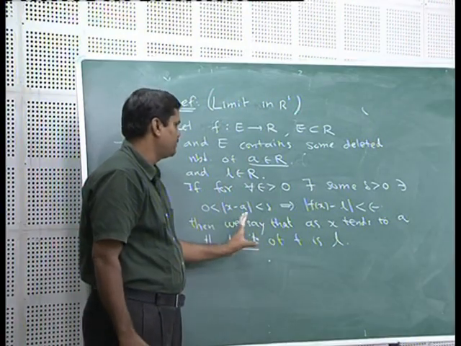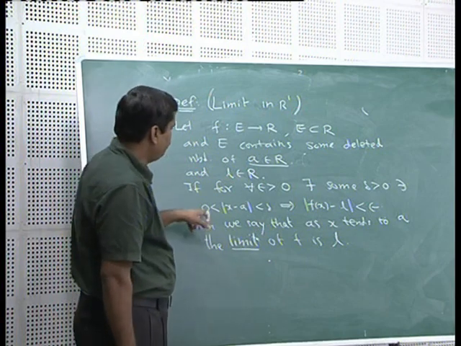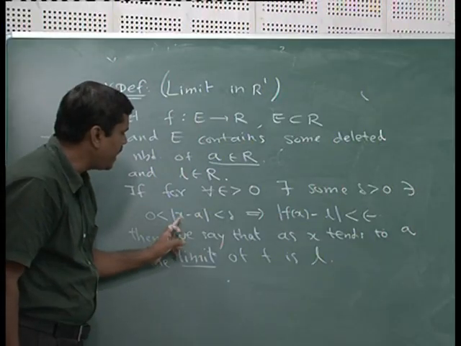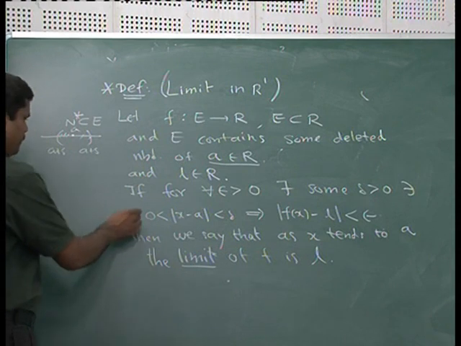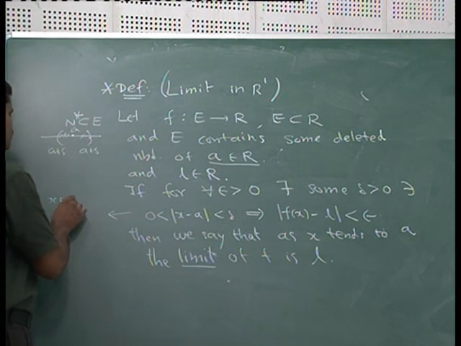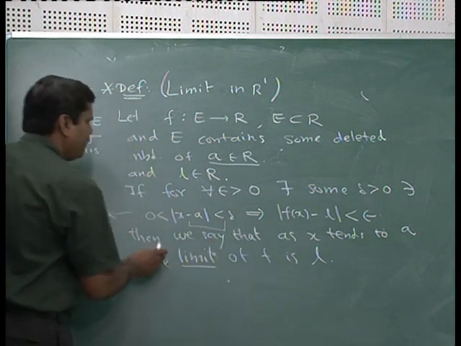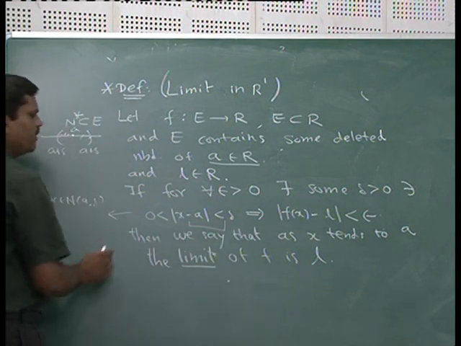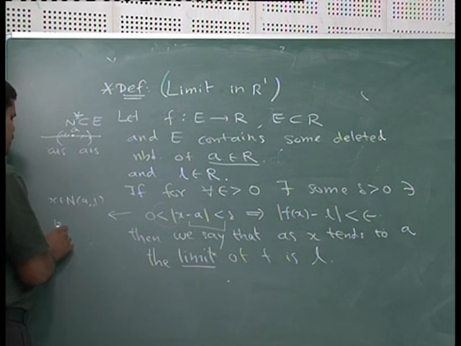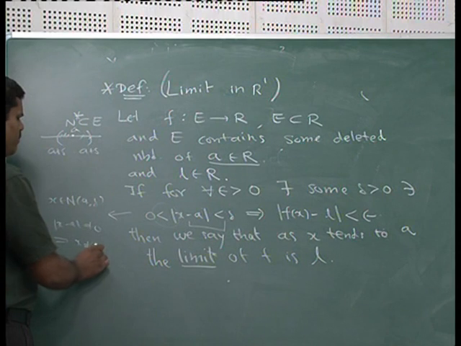This is from your 12th standard. Remember the meaning of this symbol mod of x minus a less than delta, this means x belongs to N(a, delta), only this much, and when we take this condition 0 is less than mod of x minus a, that means mod of x minus a is not equal to 0 and therefore, x cannot be equal to a.